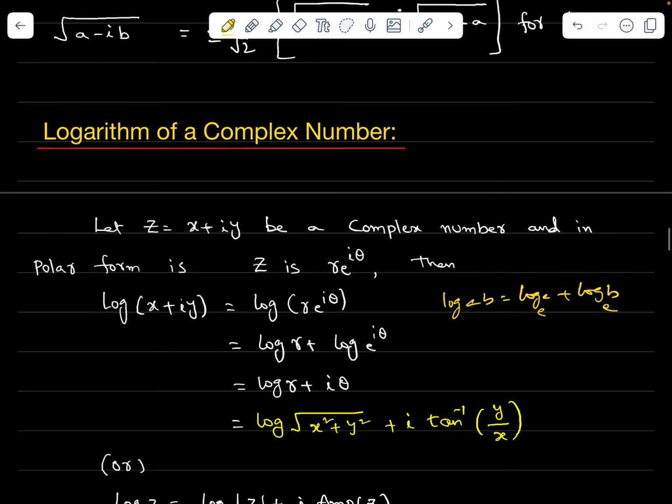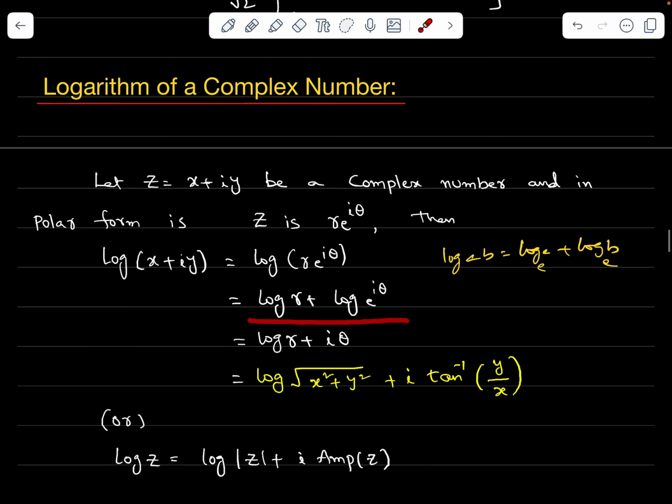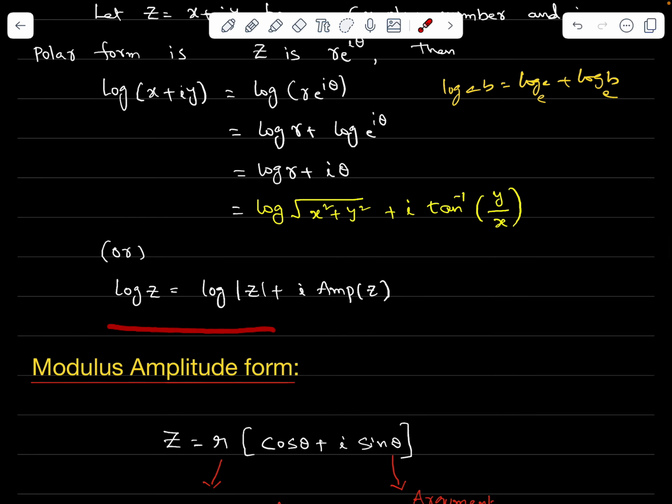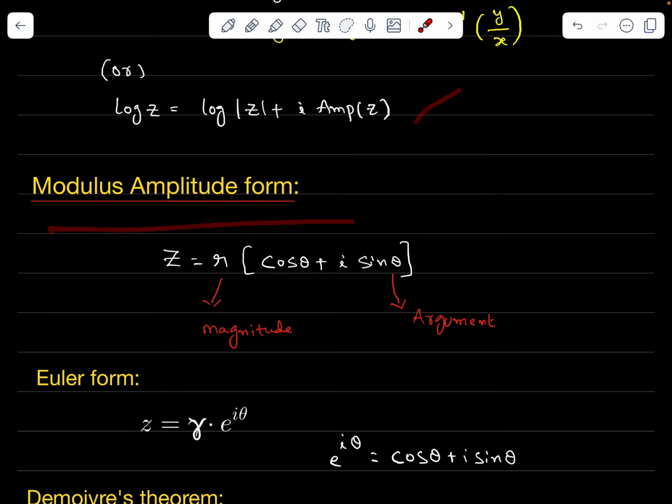Therefore, log r plus log e power i theta is log r plus i theta, that is equal to log root over x square plus y square plus i into tan inverse y by x, or log z is equal to log mod z plus i into amplitude z.